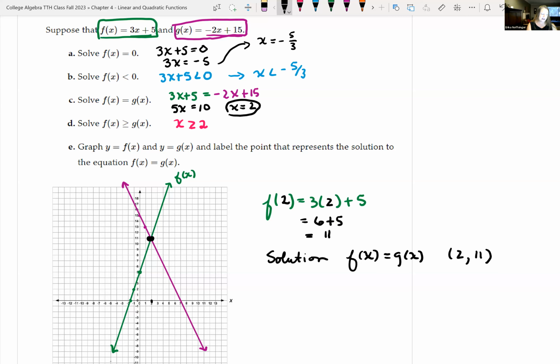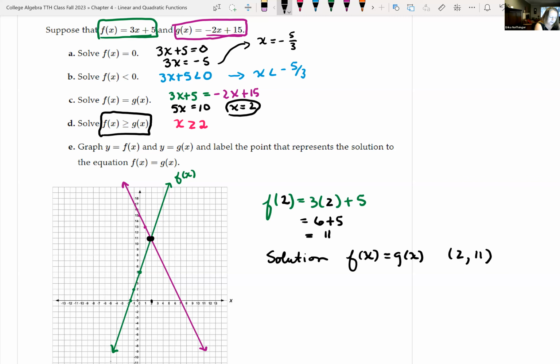Let's just talk about it a little bit. Part D, where we are looking at f of x is bigger than or equal to g of x. So we're looking at when the y value of f of x is bigger than the y value of g of x. And we saw that it was when x was greater than or equal to 2.